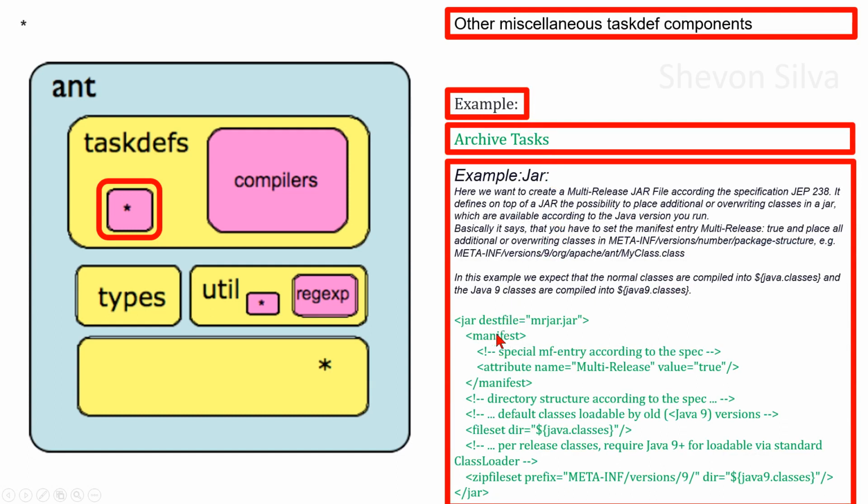Here you can see an example of archive task jar. Here we want to create a multi-release jar file according to the specification JEP 238.